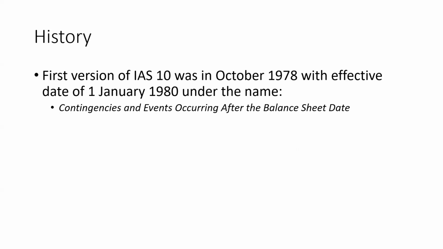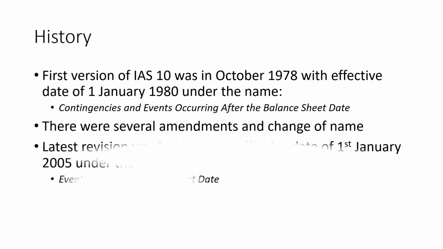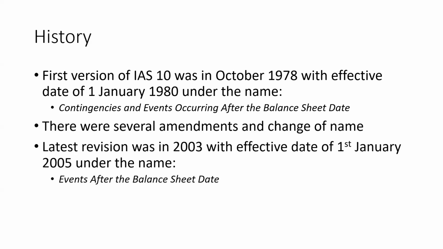So about the history, the first version of the standard was issued way back in 1978, with an effective date of January 1980, under the name Contingencies and Events Occurring After the Balance Sheet Date. There have been several amendments and a change of name.